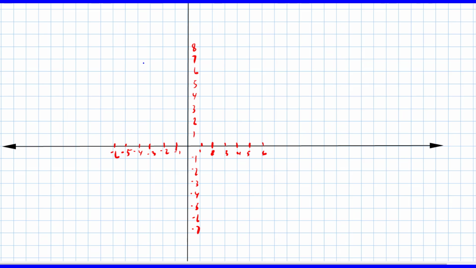Now, let's find an equation of a line if I give you the slope of 6 and you have a y-intercept at 0, 5. So y-intercept is at 0, 5. So what is the equation of this line if we've got a slope of 6 and a y-intercept at 0, 5?